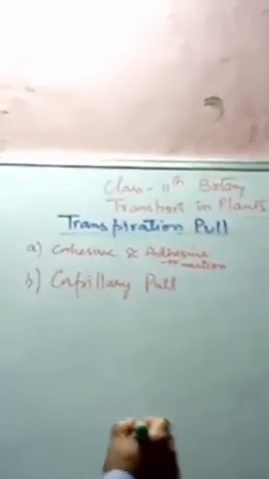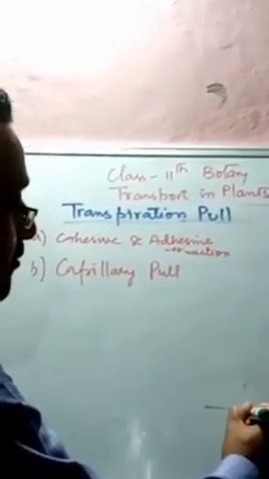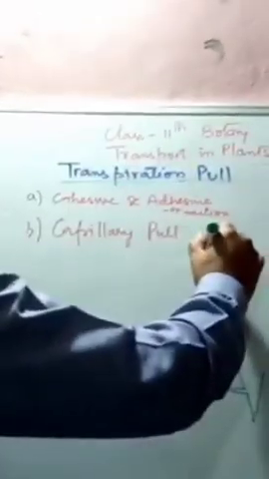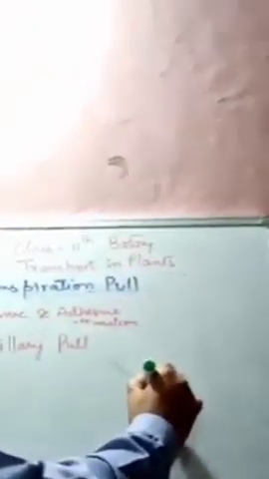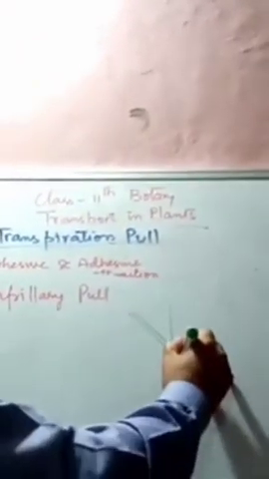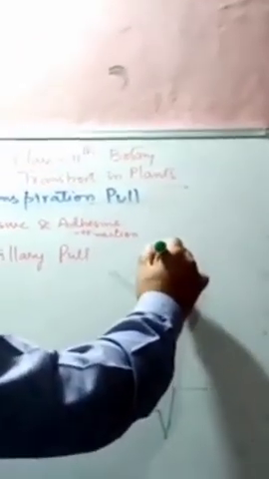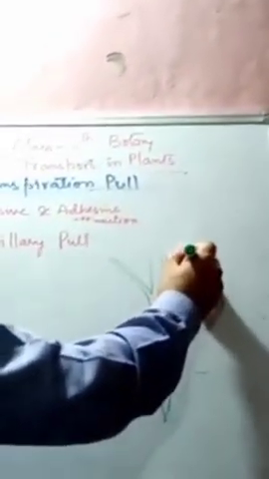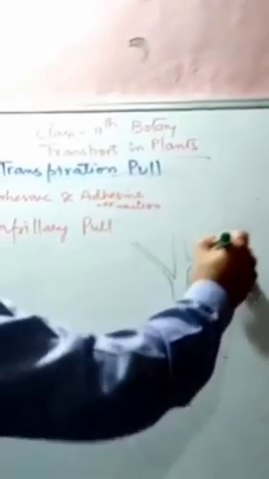Now one more diagram. This is the root, here etc. Now these are the branches. Let us say it is the leaf.